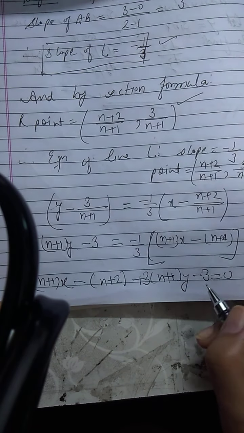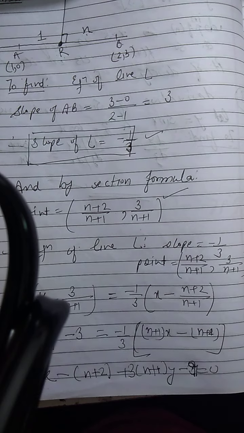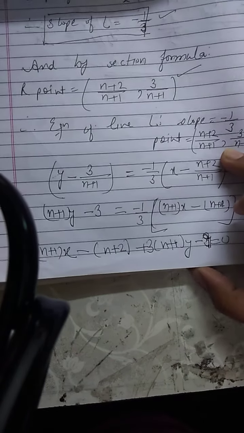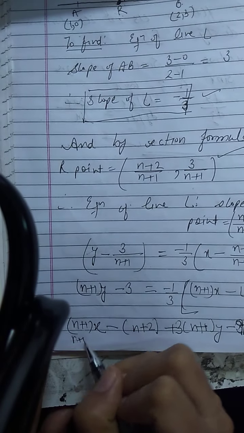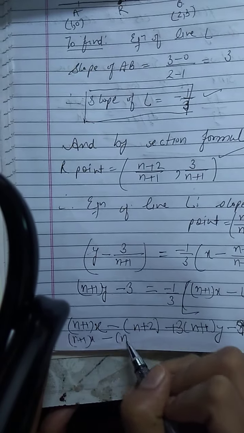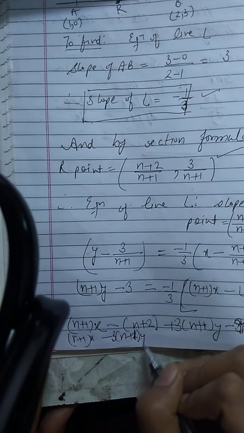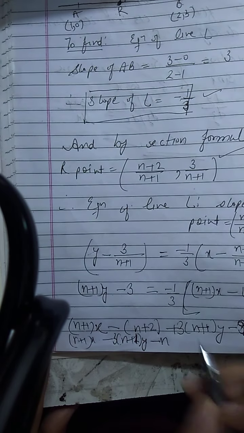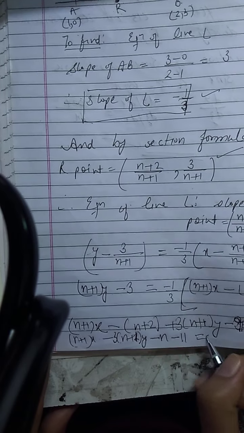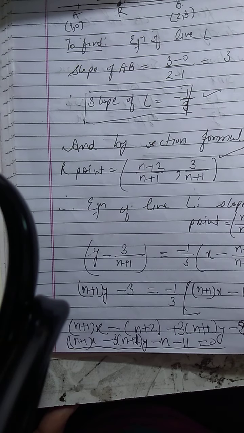Minus 3, sorry, this also will get multiplied, it will become minus 9. So the final answer we can write down: (n plus 1) x plus 3 times (n plus 1) y, minus n, minus 2, minus 9, means minus 11, equal to 0. So this will be our answer, right?